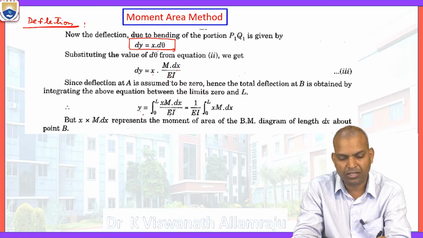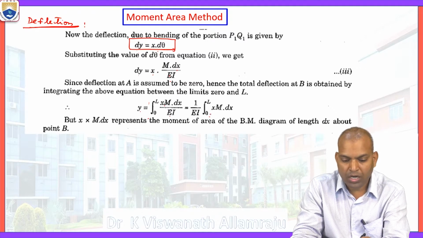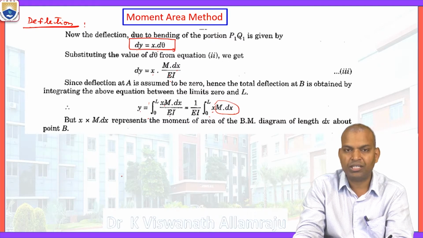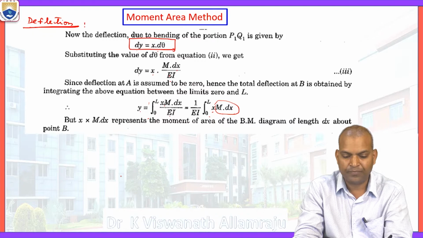EI is a constant, so 1 by EI times the integral of x times M dx. What is that x times M dx? From 0 to L, M dx indicates the area of the bending moment diagram.